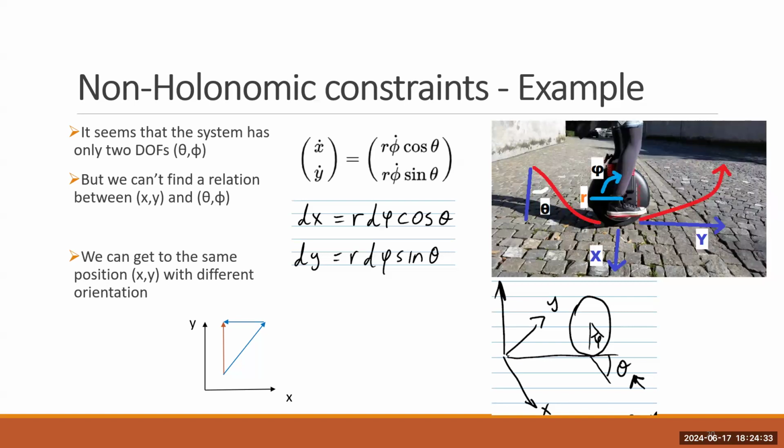And the direction is important. And I told you another example of the car that needs to park. We cannot supply velocity in any direction. Also, the wheel cannot provide velocity in a sideward direction. It needs to turn and then move.